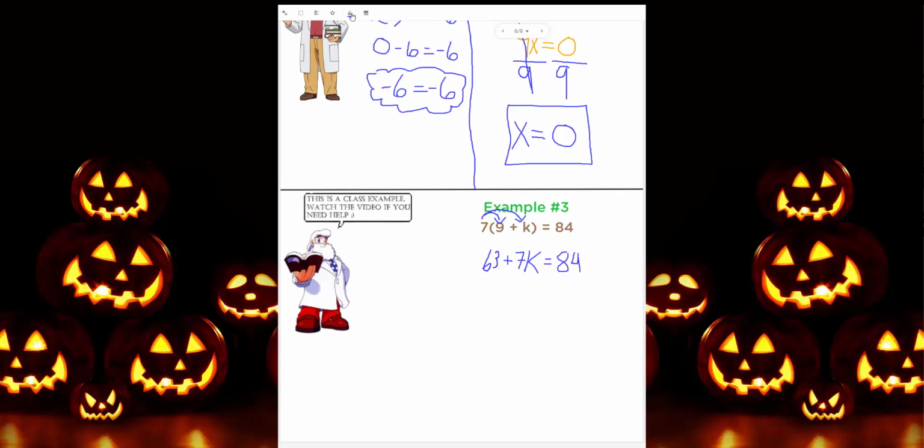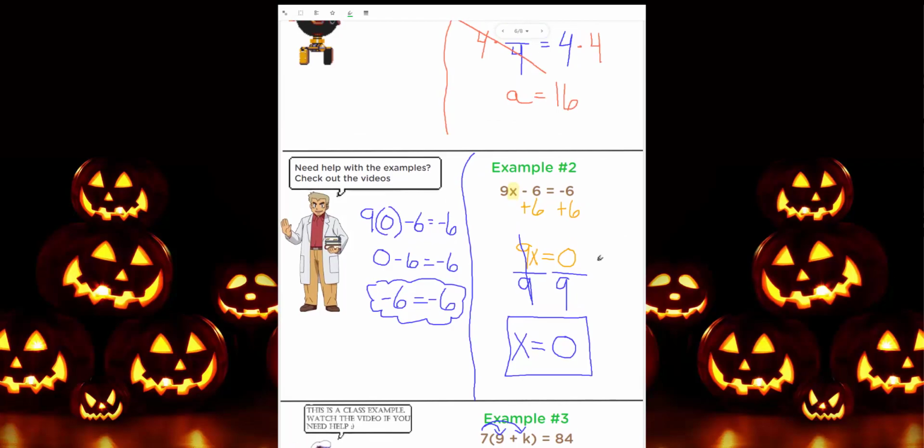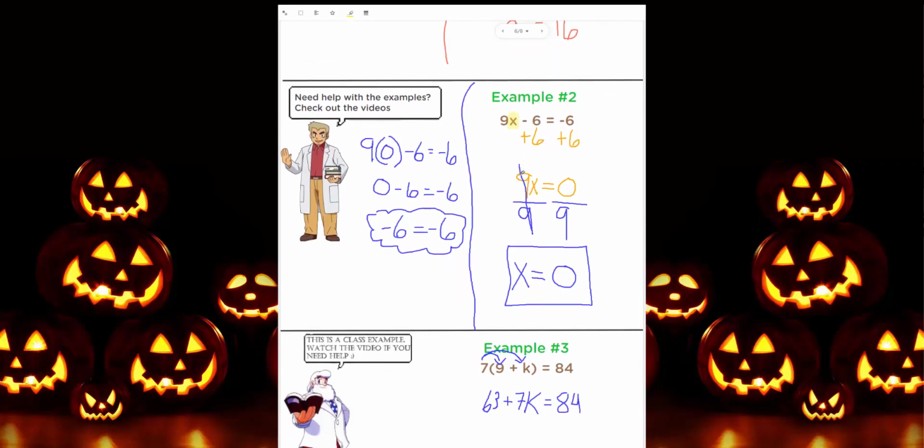Now, this is where things are going to look a little bit strange, but bear with me here. A lot of students get hung up on, instead of thinking about what's being added or subtracted, they mistakenly believe that the number that we cancel out first is always in the middle, and that is not correct.